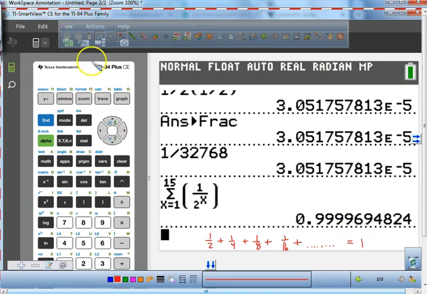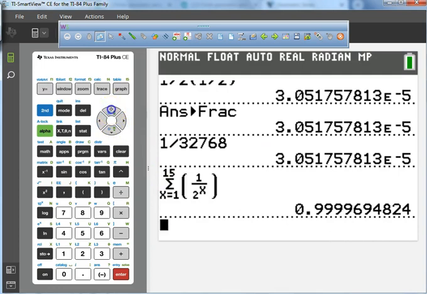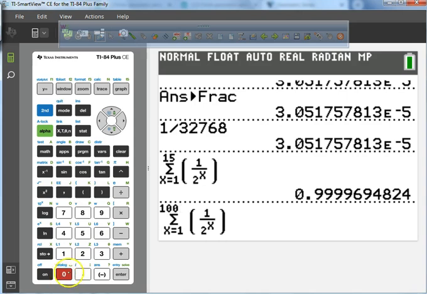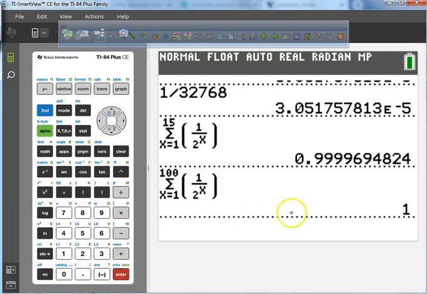Even if I did the same thing, I said, well, what would the first, not 15 terms, what would the first 100 terms get close to? What does the calculator do? It's going to round it up.